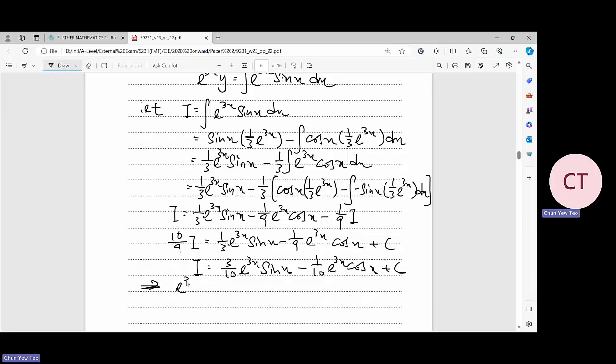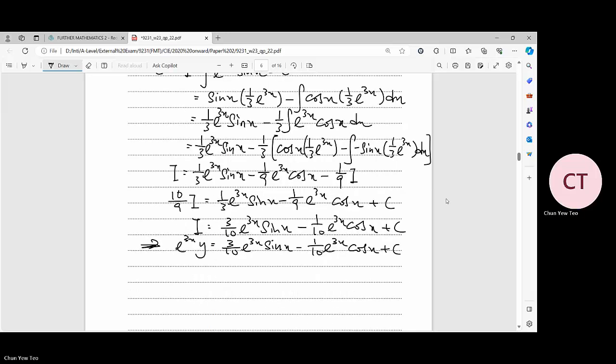e power 3x y is equal to 3 over 10 e power 3x sin x minus a 1 over 10 e power 3x cos x plus c. Then given x equal to 0, y is equal to 1. So c is 11 over 10.